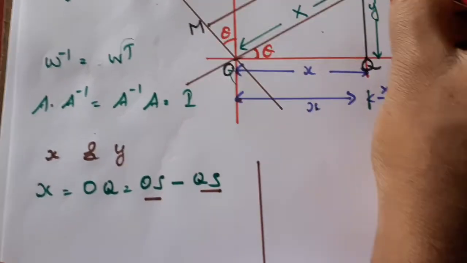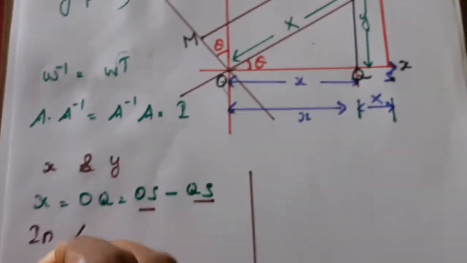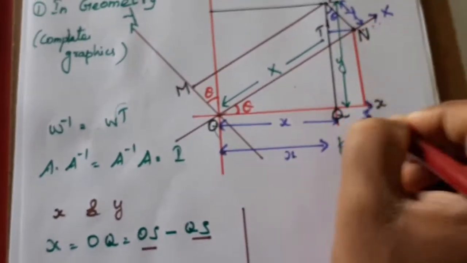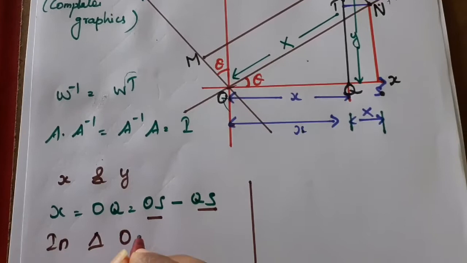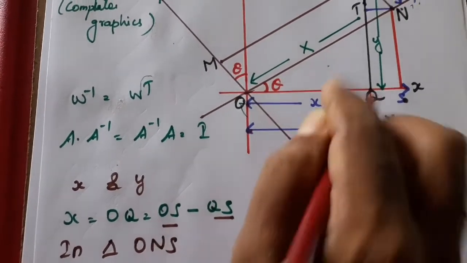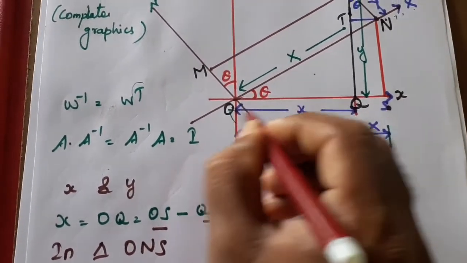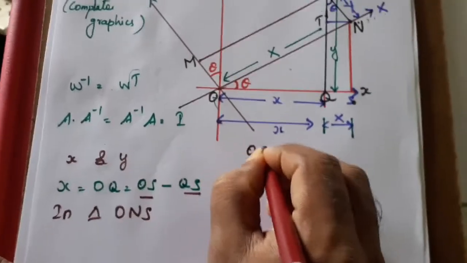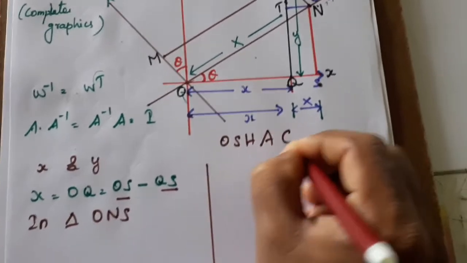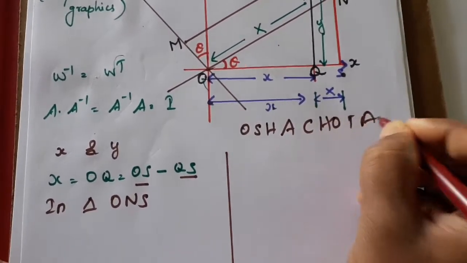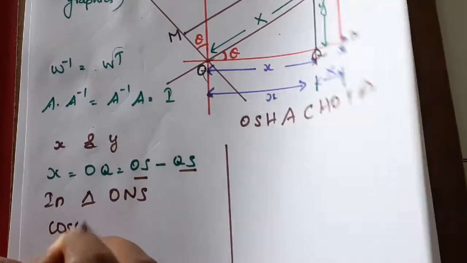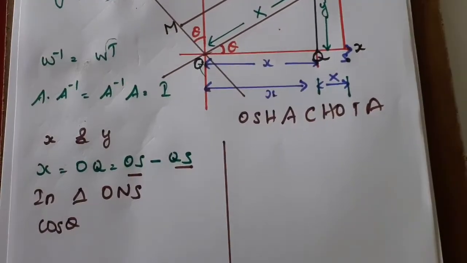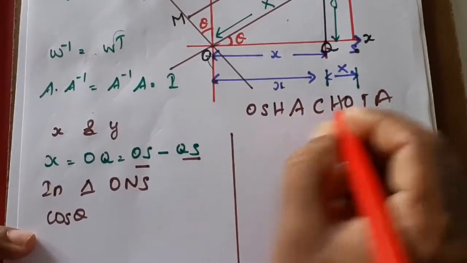This is in triangle ONS. In triangle ONS, we use the cos theta form. Cos theta is adjacent divided by hypotenuse.